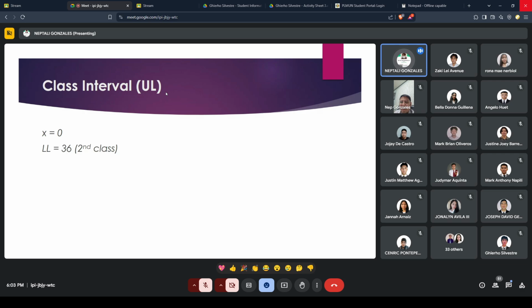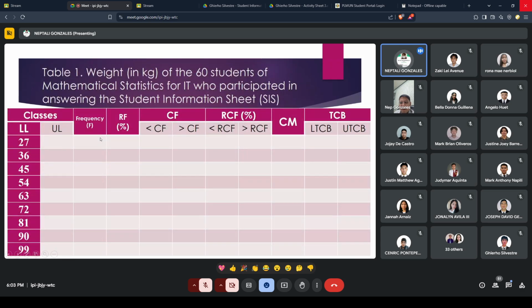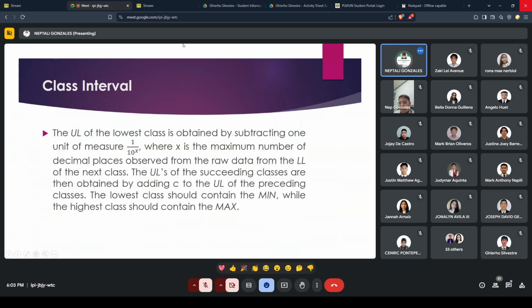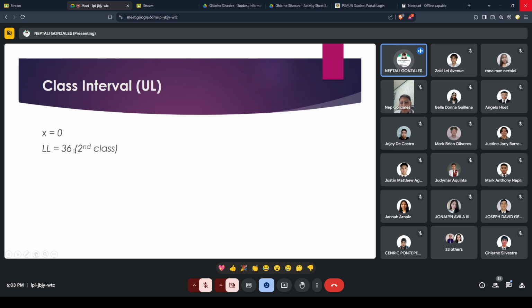And your lower limit, which is of the second class, dito ka titingin sa second class to know the upper limit here. The lower limit of the second class is equal to 36. By definition, substituting x, 1 over 10 raised to x is equal to 1 over 10 raised to 0. Any number raised to 0 except 0 is equal to 1.